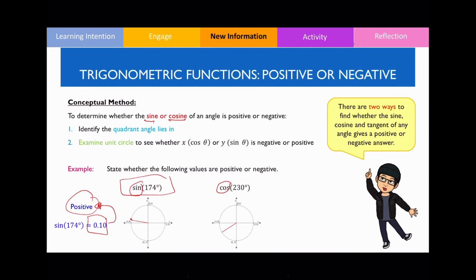So we're talking about this x value of the coordinate. So it's asking you, is this x value positive or negative? And because the origin's over here, this indicates that your x value is going to be a negative value, okay? So therefore the answer is negative, and you could also double check by putting this into the calculator, and if you do, you'll notice that you are getting a negative value, okay?